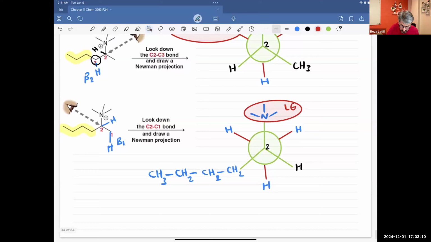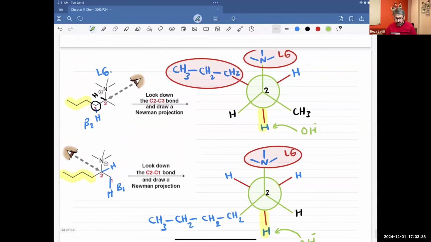And I know the leaving group must be in anti-position relative to the hydrogen. Because the base, any base that we use, let's say we use OH, is going to go after this hydrogen and take it, and then the leaving group will leave the system.